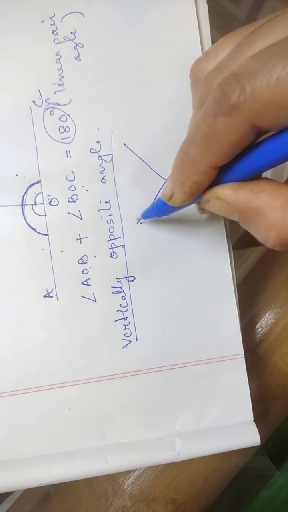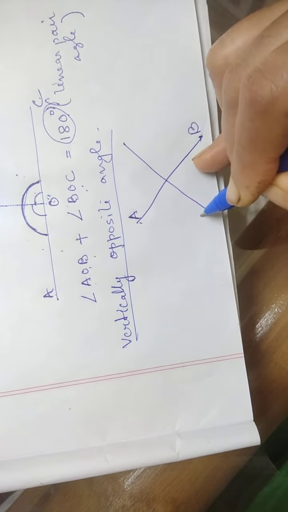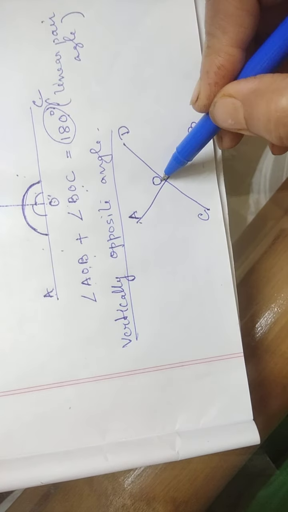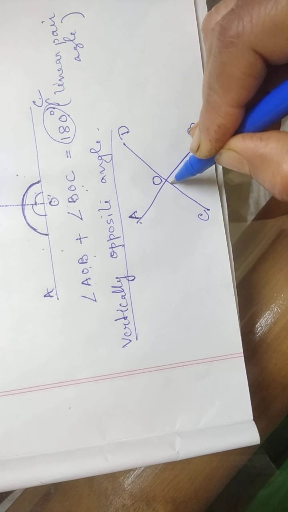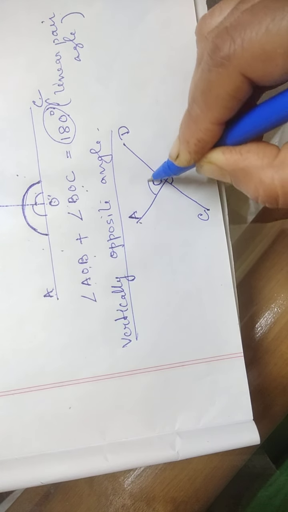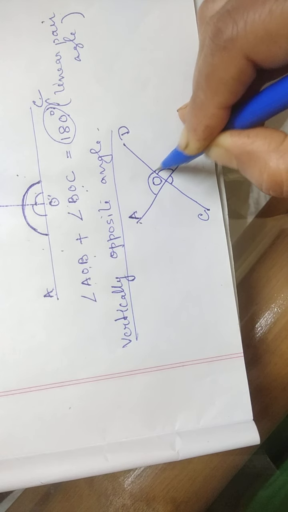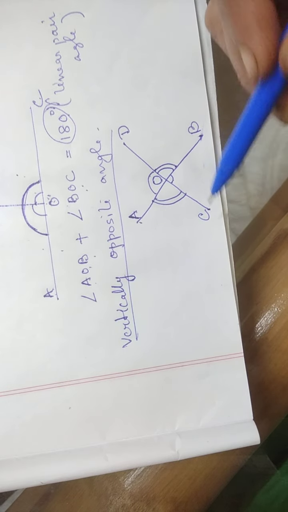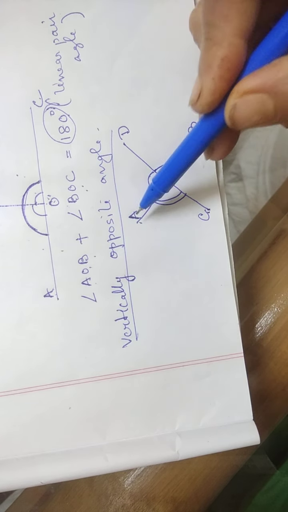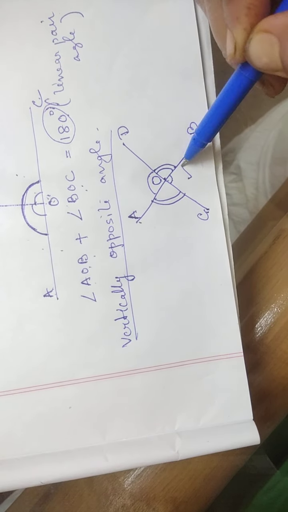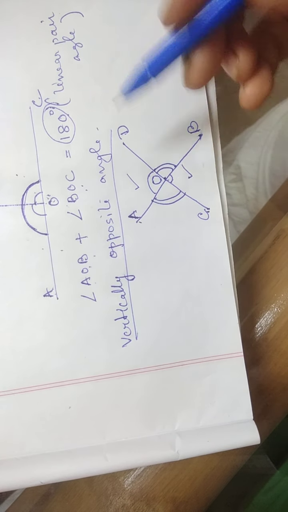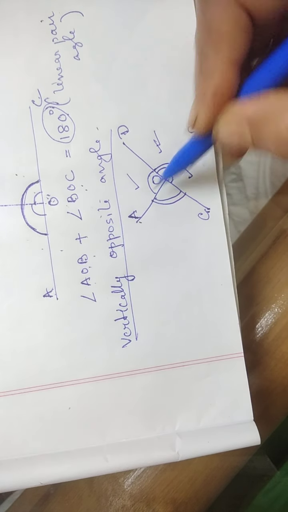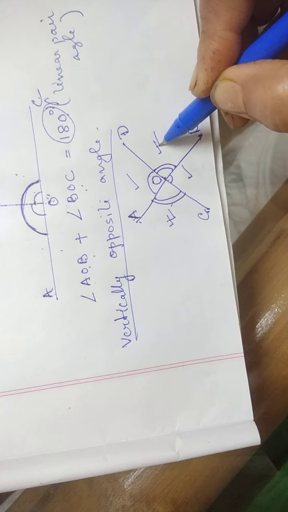Okay, this line AB, this line CD, they intersect each other at the point O. Intersected at O. Now see, here is one angle, and here is another angle, this is another angle, this is another angle. Okay, so which are the vertically opposite angles? COB and AOD.